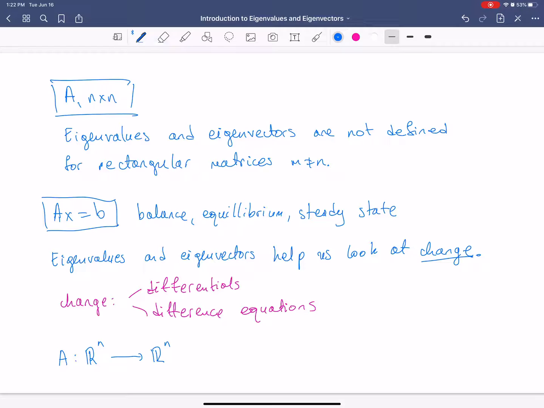The question is how this transformation might affect a particular vector going forwards. For example, if you have some initial vector x0 and then you apply this transformation A, you're going to get the next vector, x1 equal to A times x0. So we map x0 to x1.